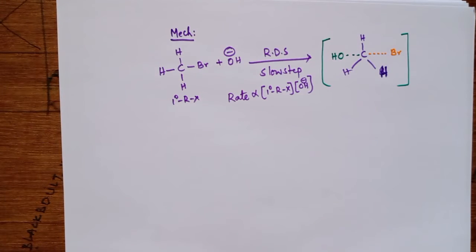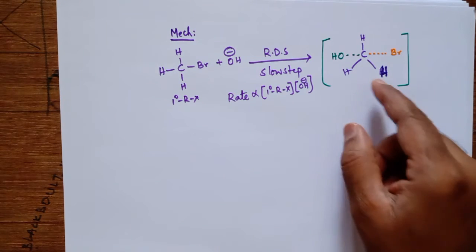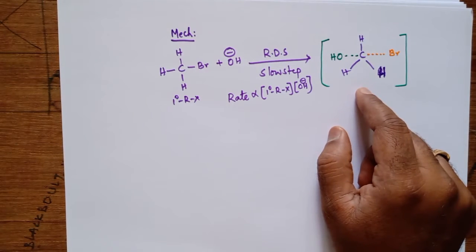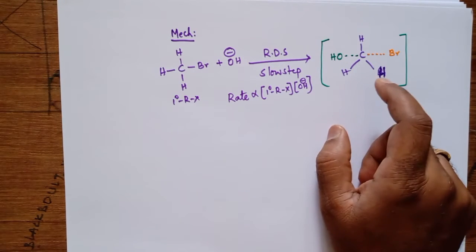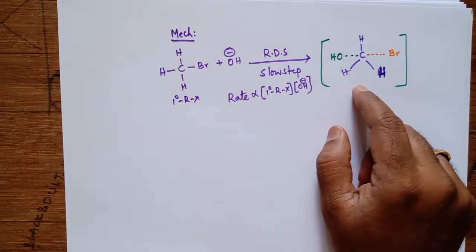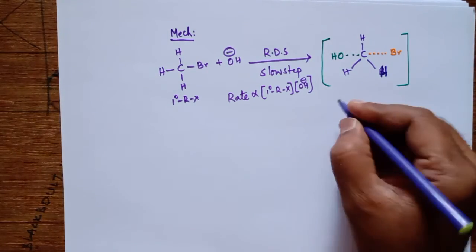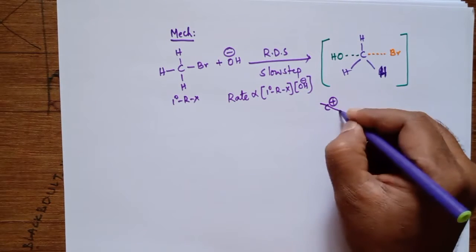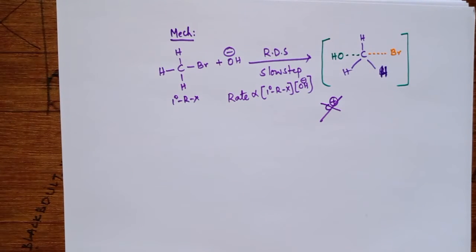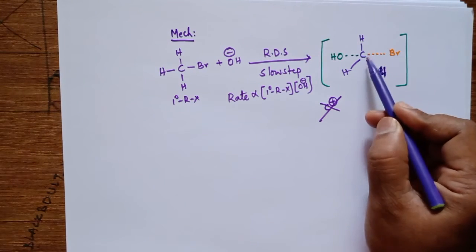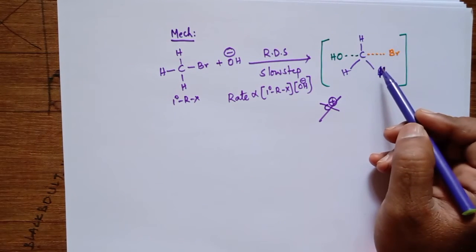So the question comes, why is this carbon not forming a carbocation? In SN1 the carbon forms a carbocation, but why in SN2 is it not forming the carbocation? What is the reason for that? If the carbon forms a carbocation, it is a primary carbocation.